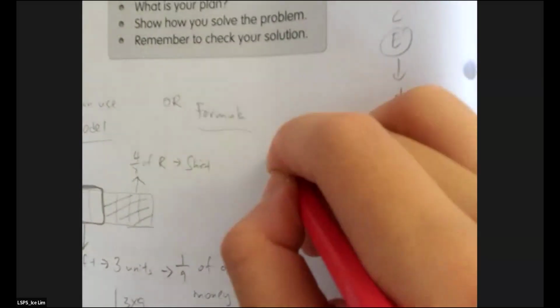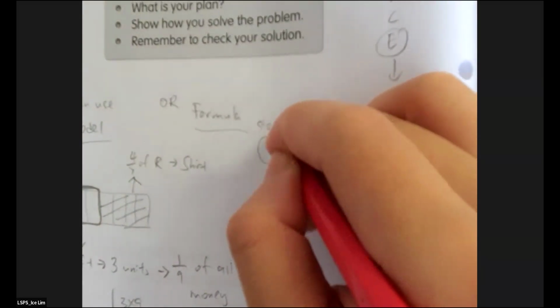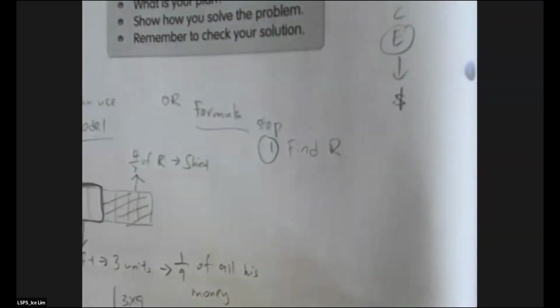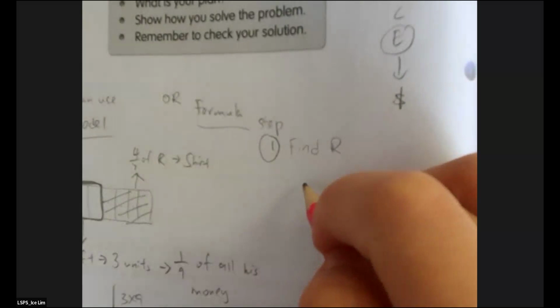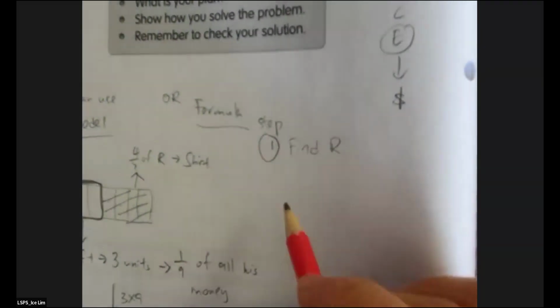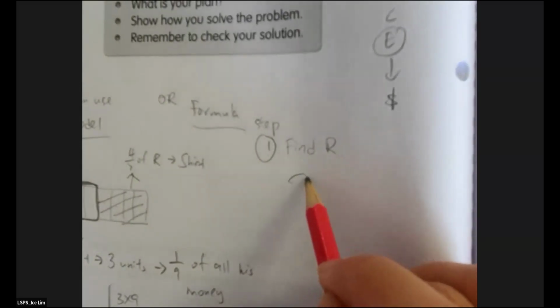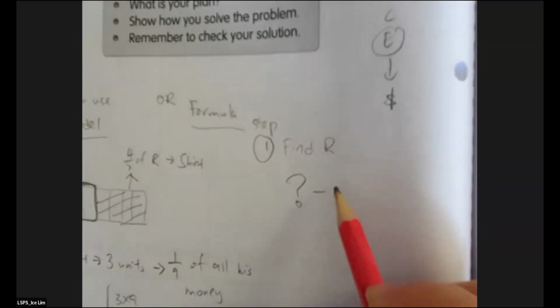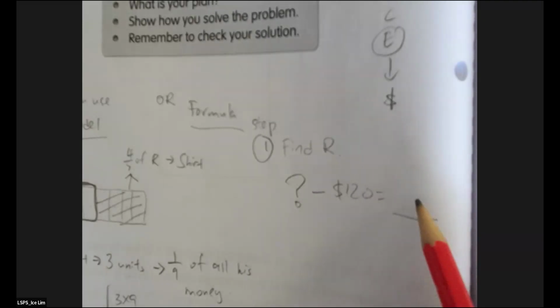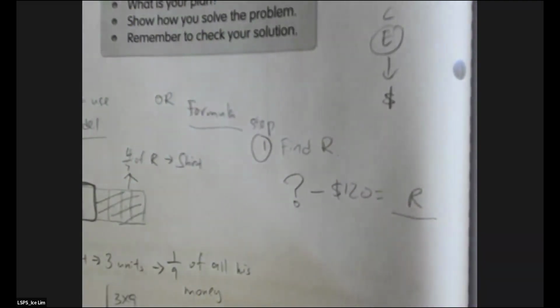So according to previously, the formula, this is step 1, find the remainder. Oops! Step 1 already cannot do. But I just pretend I know. I don't know all the money. I minus $120, you'll give me the remainder. Yeah, all question marks.